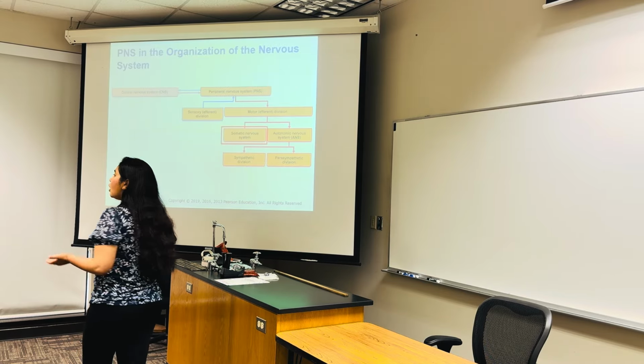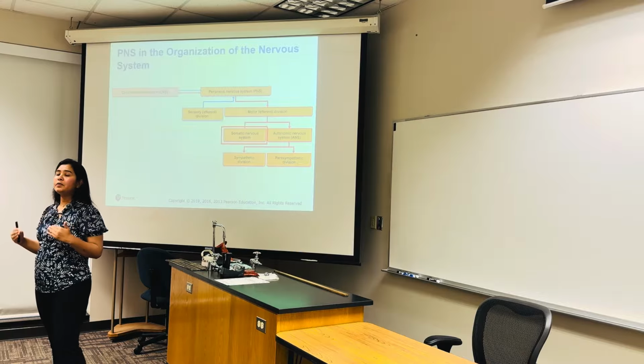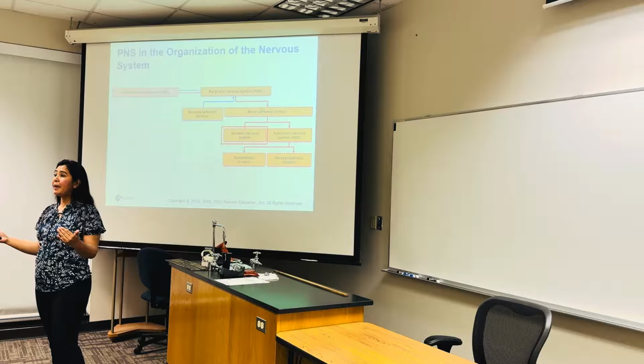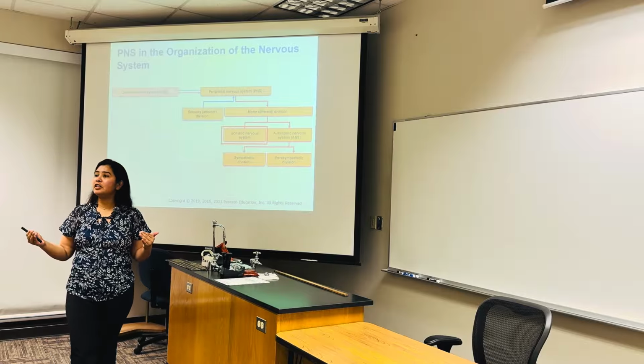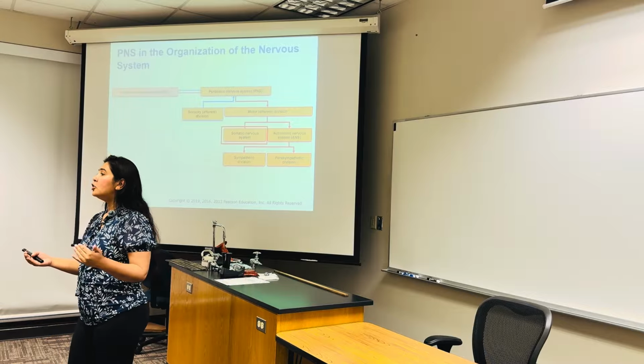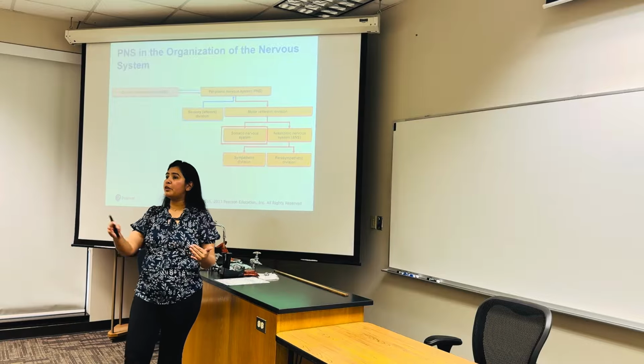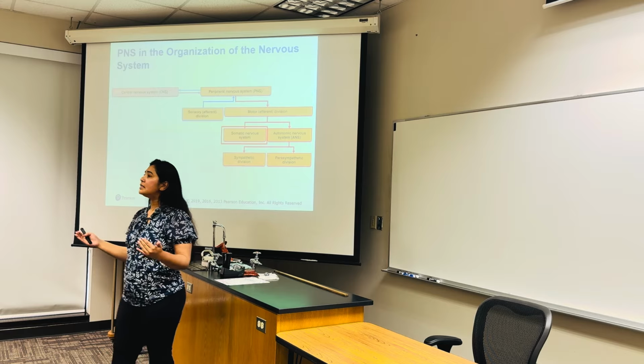The function of the nervous system is to communicate with the environment and take action based on the information you have received, right? For example, I am saying something and some of you are nodding your head. What does that mean?